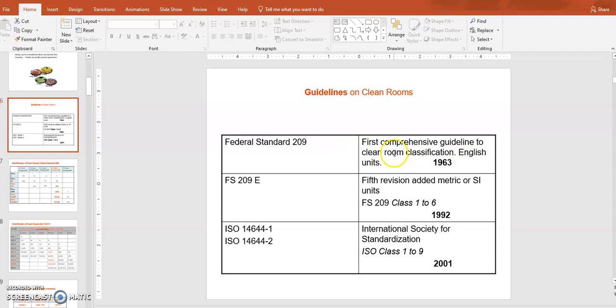It's one of the oldest, I think 1963. And since the United States is the only country using the imperial system, this standard is based on the imperial system, like square feet and cubic feet.